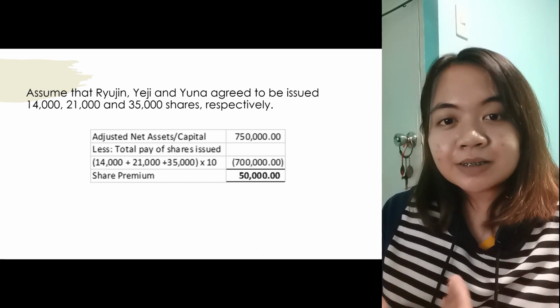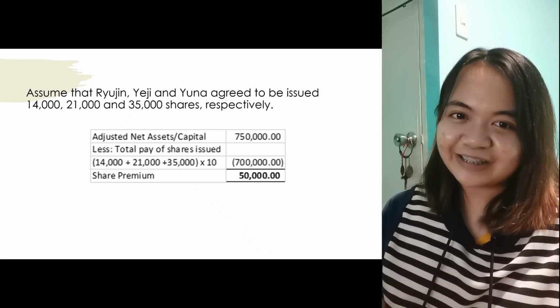Okay, that means there is an excess, and the excess is share premium, which is 50,000.